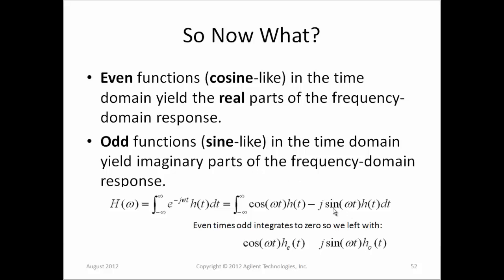Again, the definition of Fourier transform is that the imaginary part comes from these sine waves. So even times odd integrates to 0, and we're left with these functions. The even part of my transfer function in the frequency domain corresponds to the cosine part, which is real, and the odd part multiplied by the sine waves gives me the imaginary part.